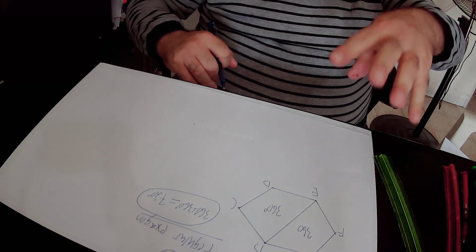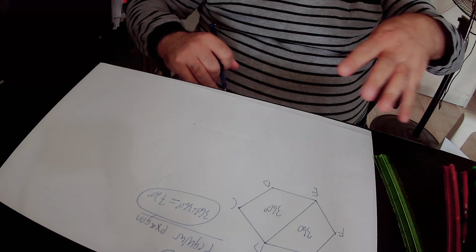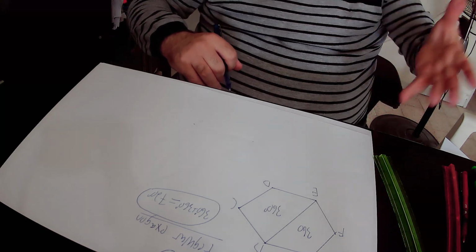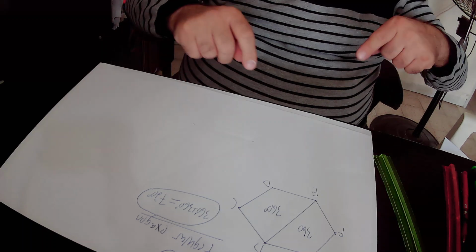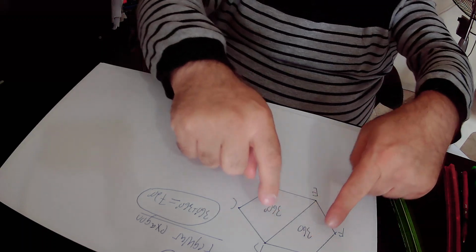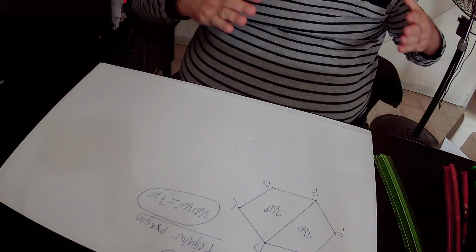And this regular hexagon, as any other regular hexagon, consists of 6 interior angles, and they are equal to each other.